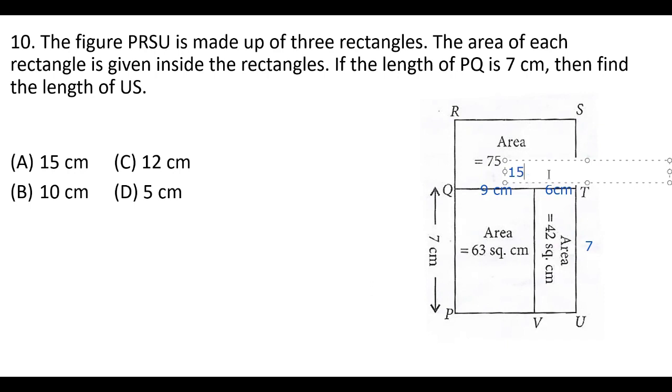So we now know that 15 is the length, and since the area is 75, 15 times 5 would be 75. So now we know that TS is 5 centimeter, TU is 7 centimeter. So our answer would be 7 plus 5, which is going to be 12 centimeter.